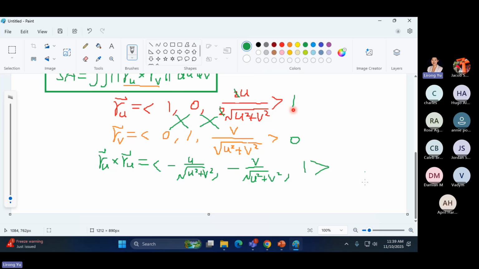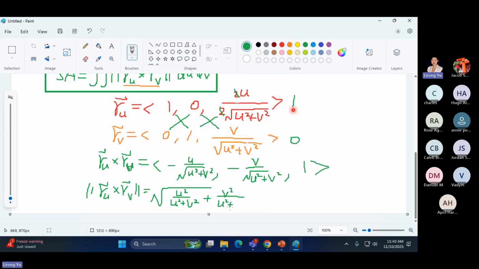But we're not integrating this. We're integrating the magnitude of the cross product. So if we take the magnitude of r_u cross r_v, that would be the square root of the square of the first component, u squared over u squared plus v squared, and we square the second component, v squared over u squared plus v squared.